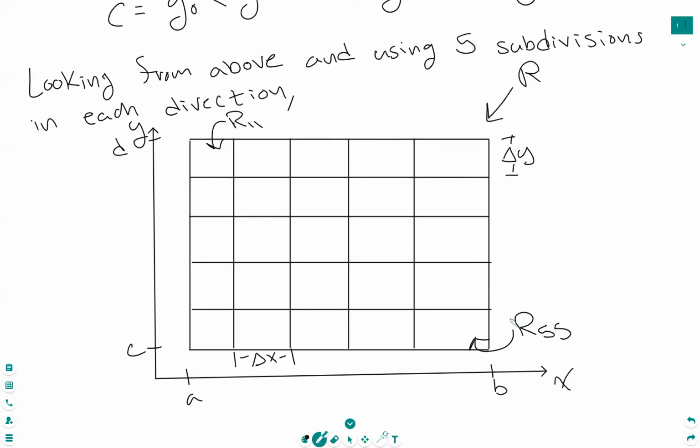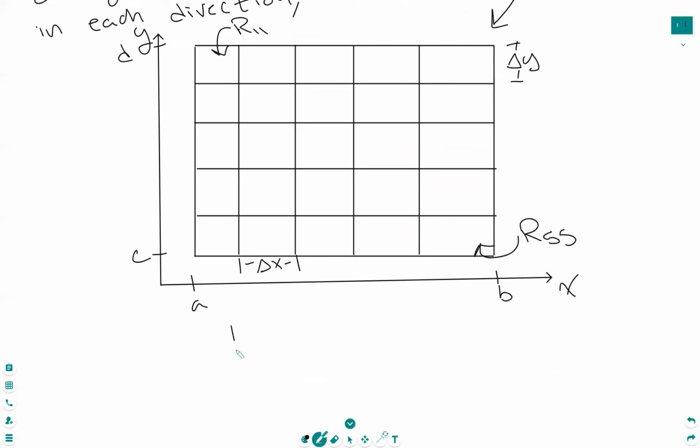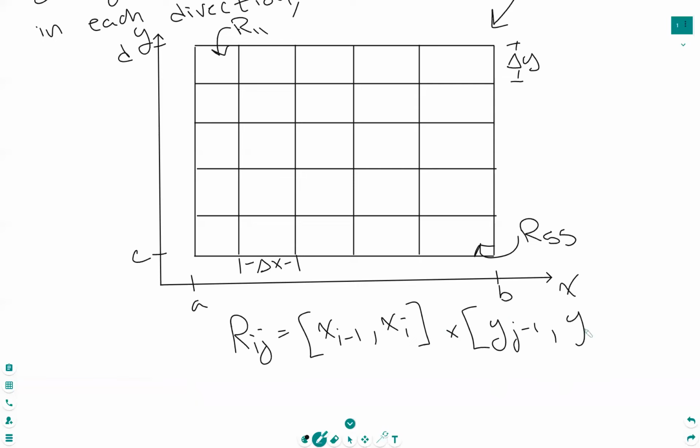And we can say that any one rectangle, R_ij, is the rectangle that goes from x_{i-1} to x_i and y_{j-1} to y_j.